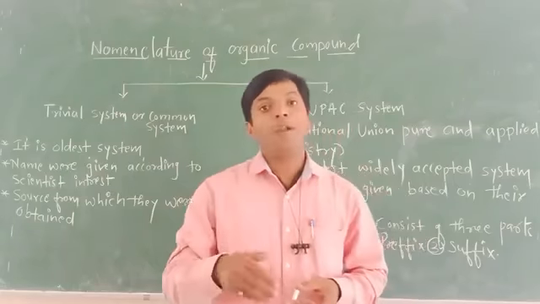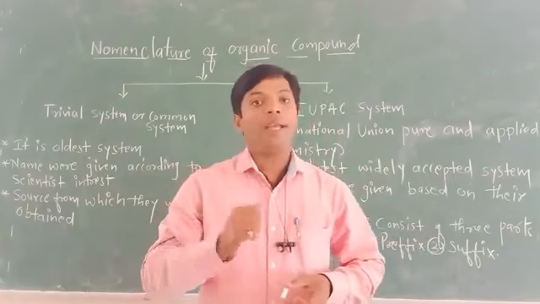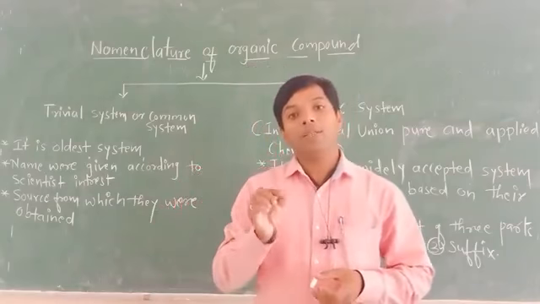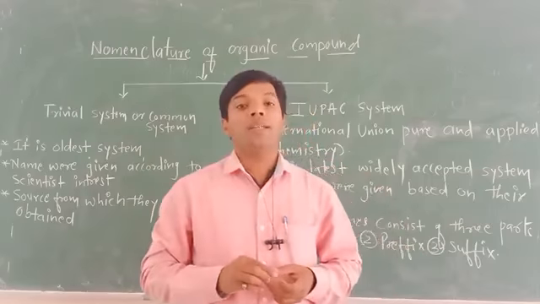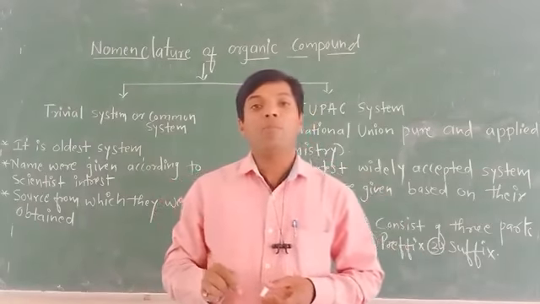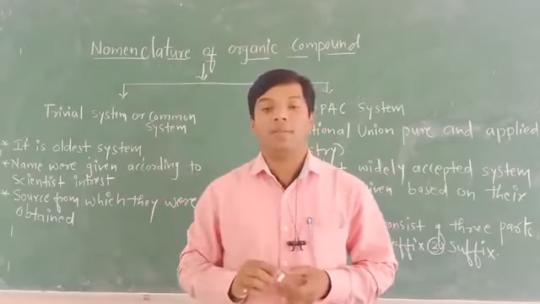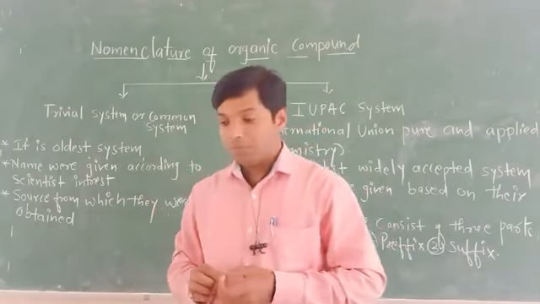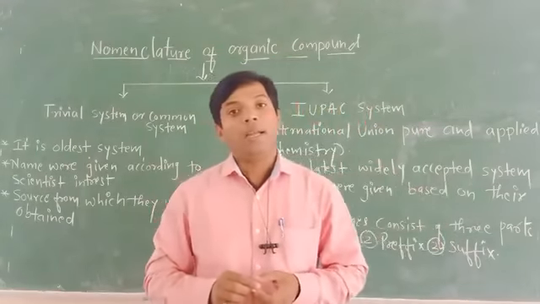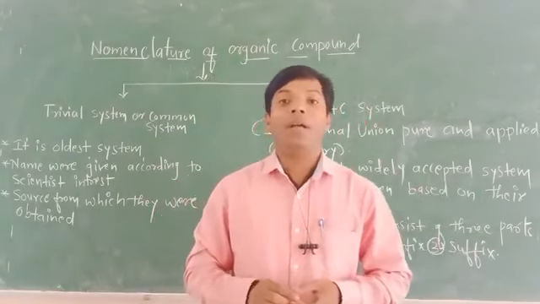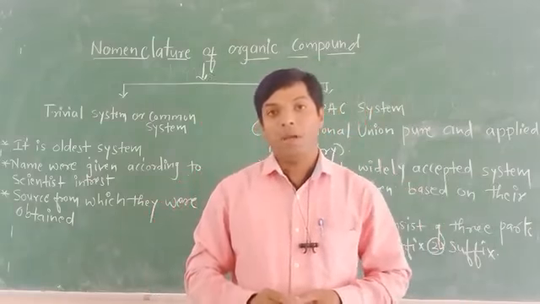Acetic acid is obtained from vinegar, but vinegar is also obtained from acetum, and acetum is a Greek word, so that's why the organic compound is named acetic acid. Next, formic acid. Formic acid is obtained from red ants.